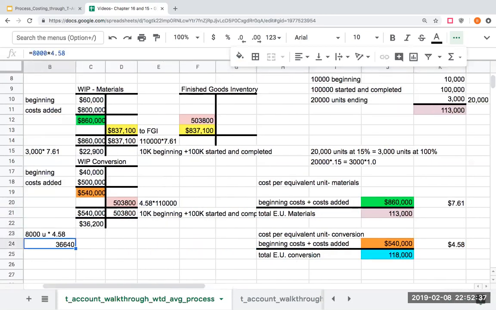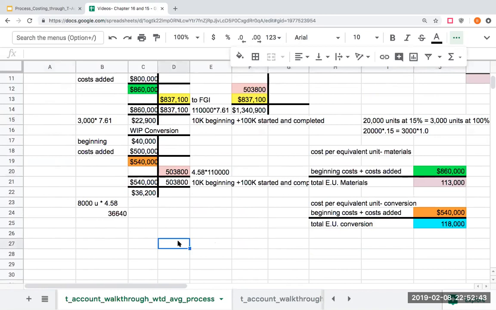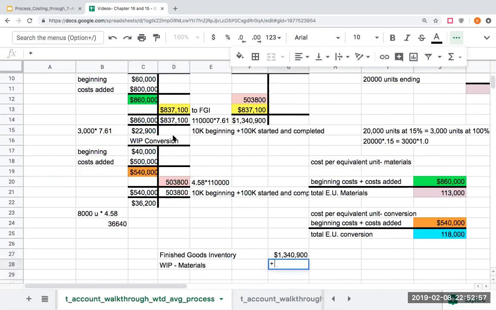Okay, so the next thing we're going to do is add these up. So my total costs in terms of what I have in my inventory at the end of all this: I have finished goods inventory, and that amount is 1,340,900. I have work in process materials, that balance is 22,900.